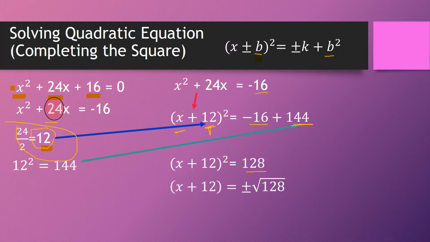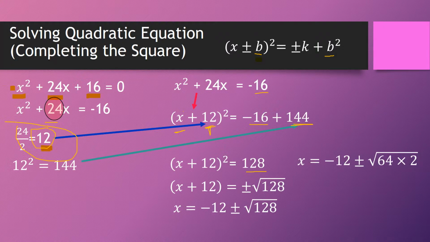You find the square root, and you move the 12 to the other side, and finally you have two answers. Remember, always when you find the square root in this step, when you find the square root of 128, it's very important, you need to consider the positive and the negative answer. Okay? That's very, very important.